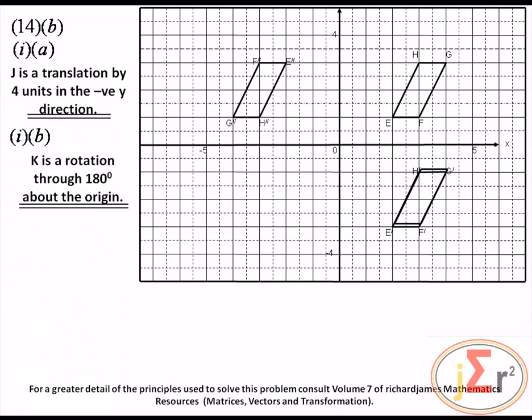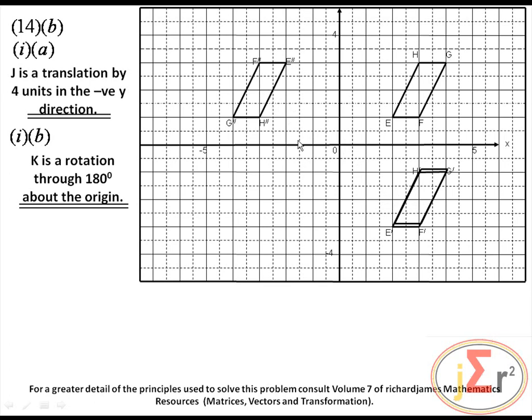K is a rotation through 180 degrees about the origin. And of course, K is the transformation which maps this one to this one. So it maps E prime, F prime, G prime, H prime to the double primes.